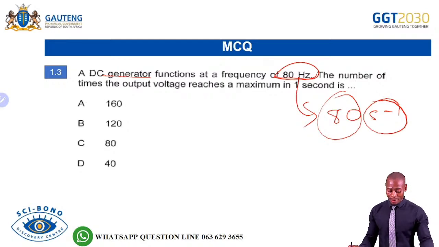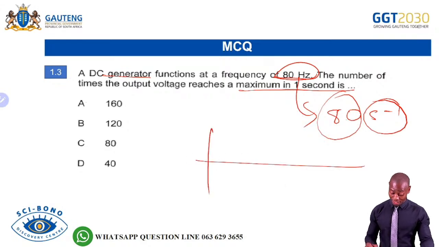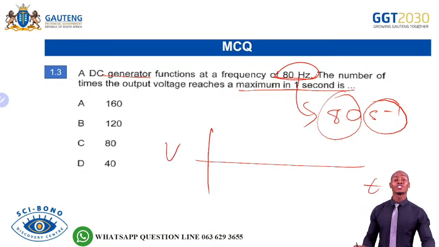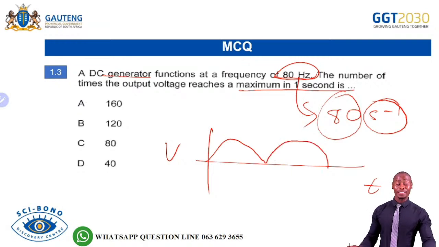So a DC generator functions at a frequency of 80 Hertz.